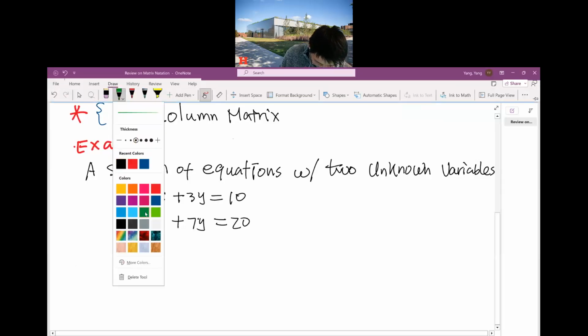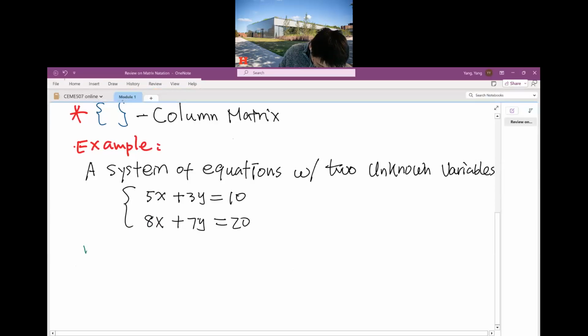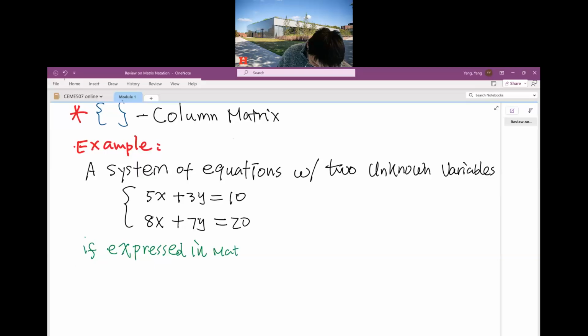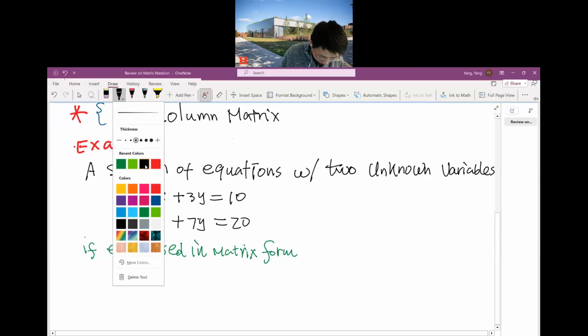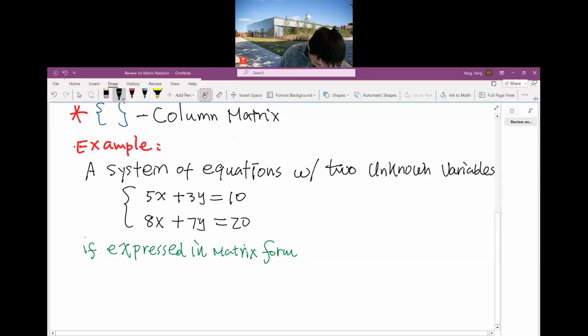if we express the two equations in the matrix form, we will have the following expressions.